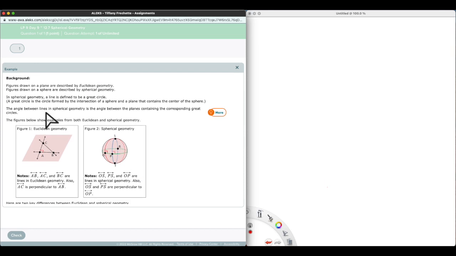Figures that are drawn on a plane are described as Euclidean geometry, like this. Or there's spherical geometry, and that's figures that are drawn on a sphere. And they definitely interact a little differently than we're used to when they're on different surfaces.